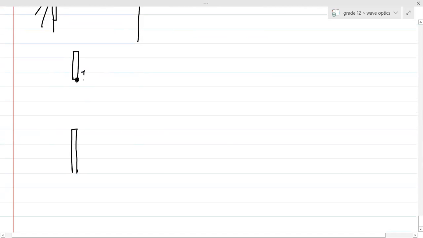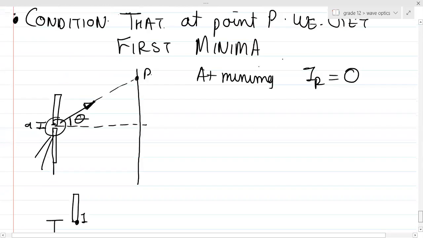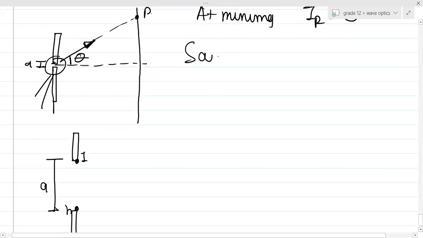This is basically the first point and this is basically the end point. This distance is equal to a, the slit width, and a is equal to n lambda.